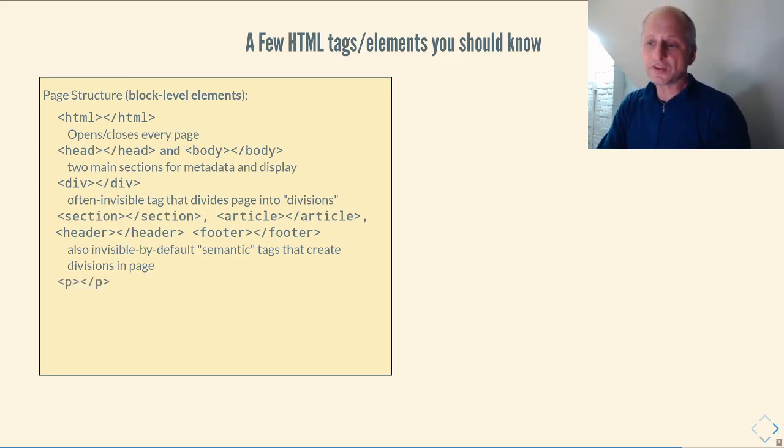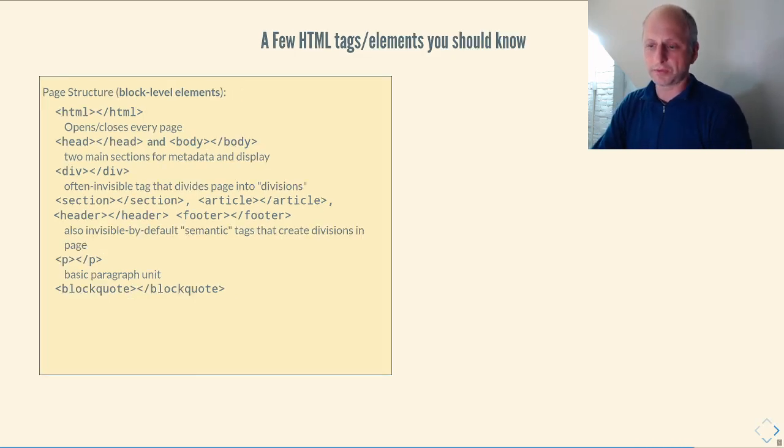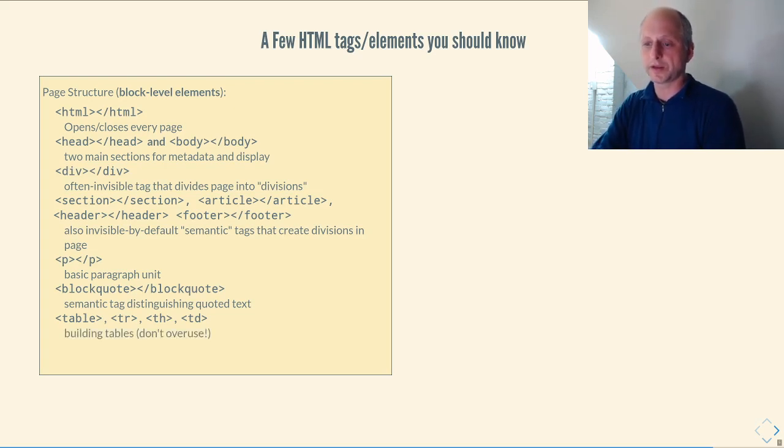And then inside these, we'll find P for paragraph, the basic paragraph unit, blockquote to distinguish quotations, table and the parts of tables: TR for table row, TH for table head, TD for table cell, tbody for table body.